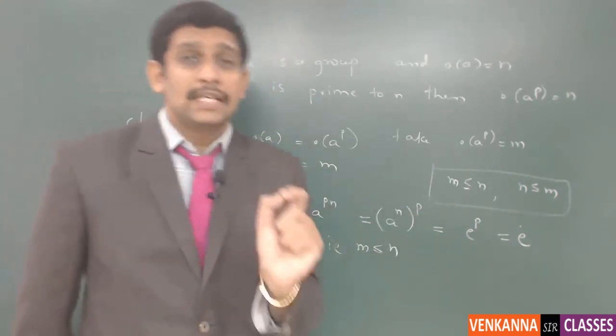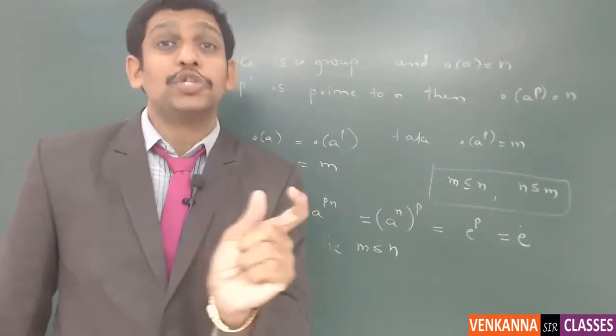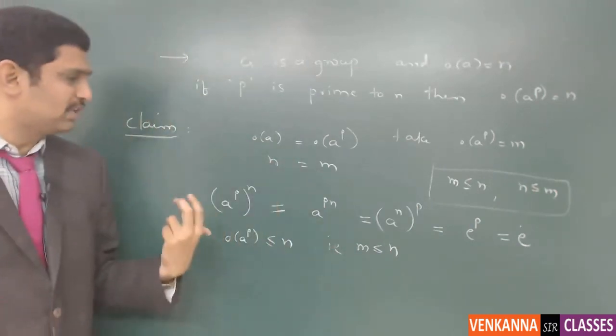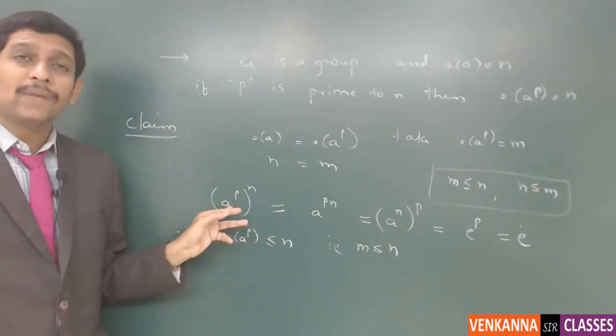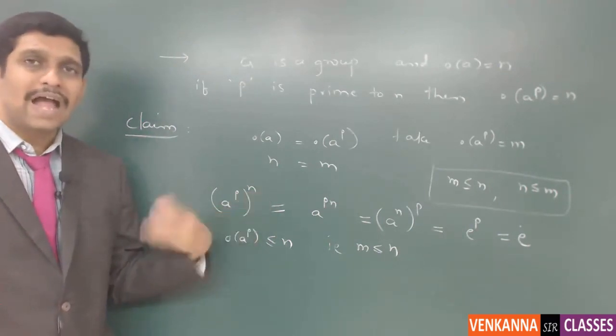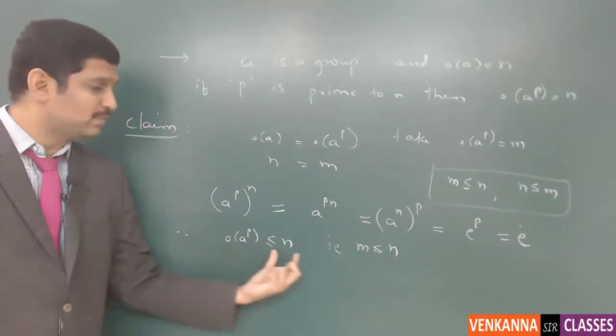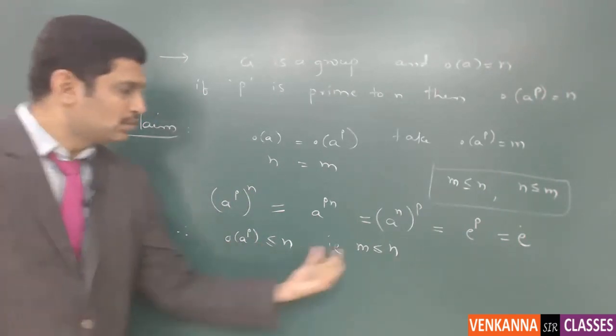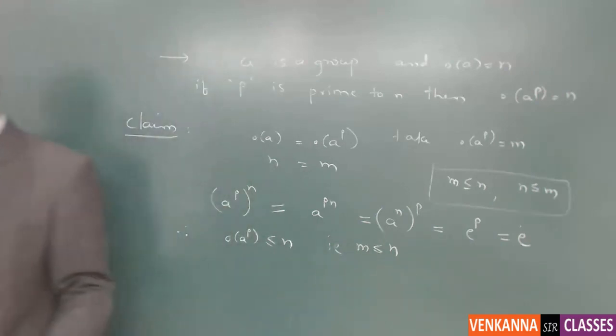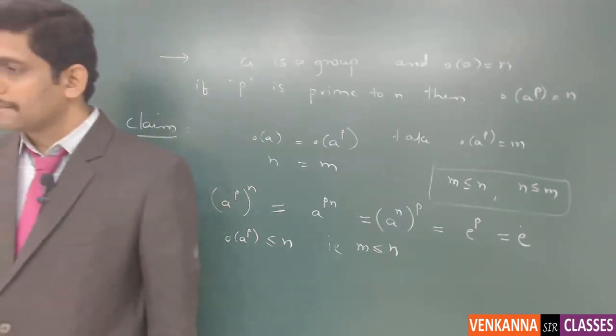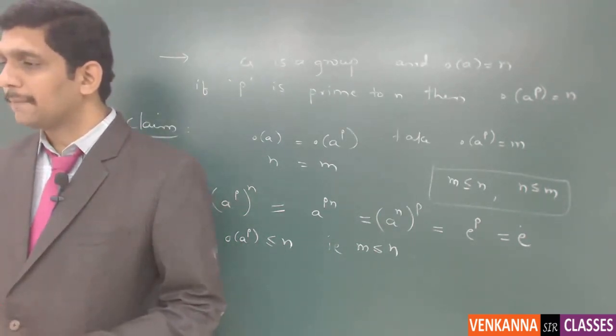Since order means the least positive integer, I am saying that the order of A power P must be less than or equal to n. So, m is less than or equal to n. Okay? Clear? Any doubts for anybody?